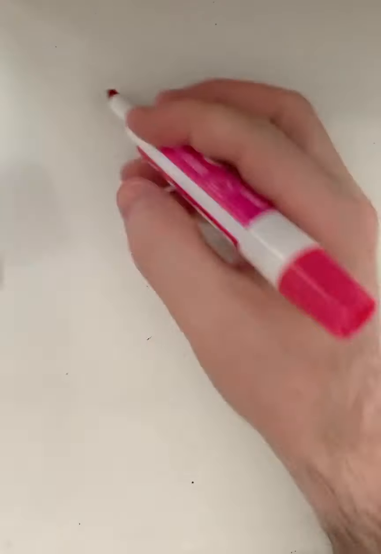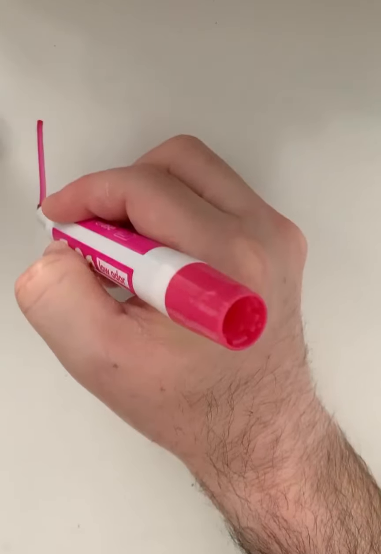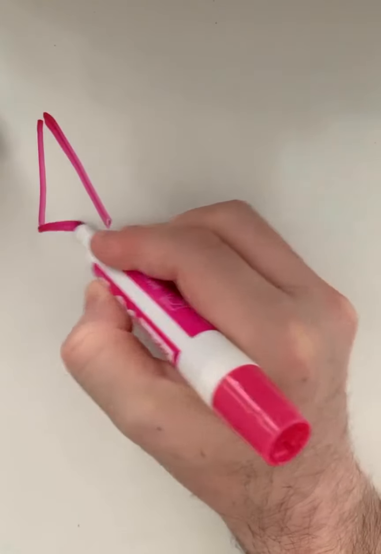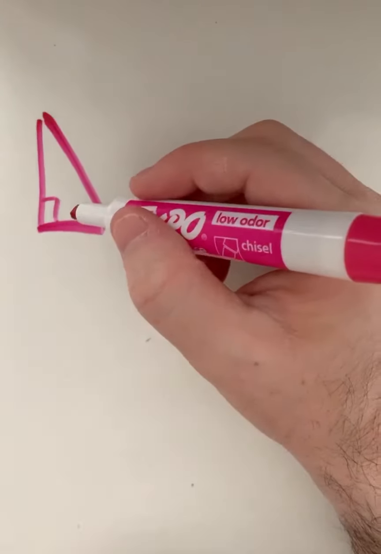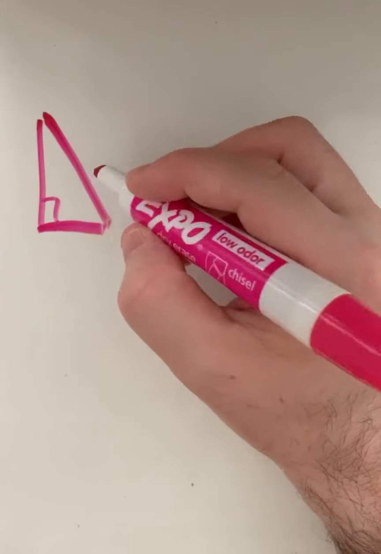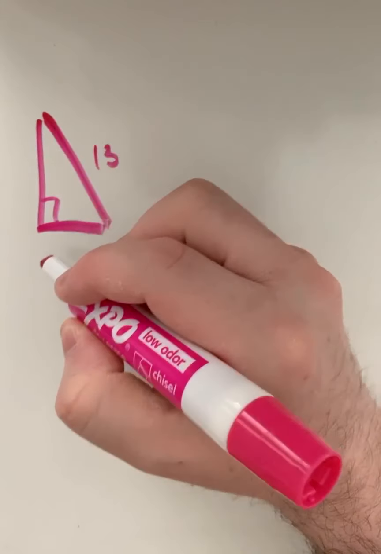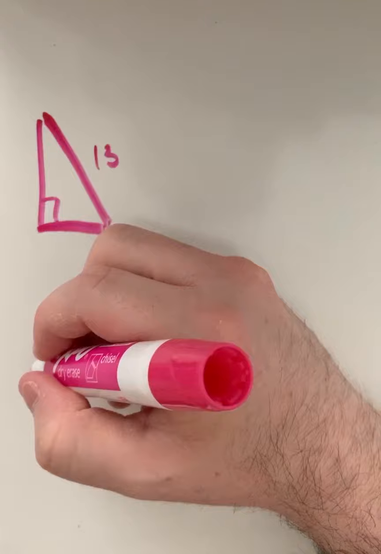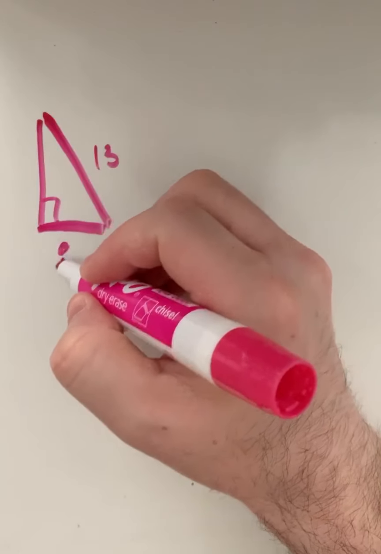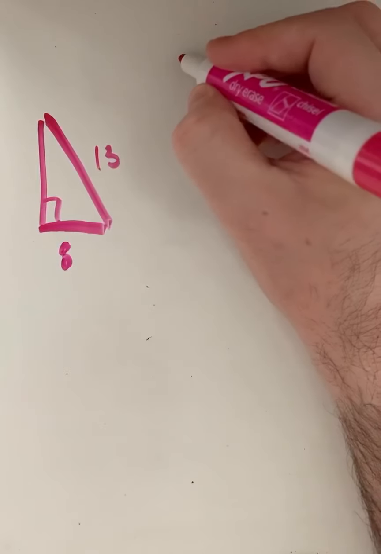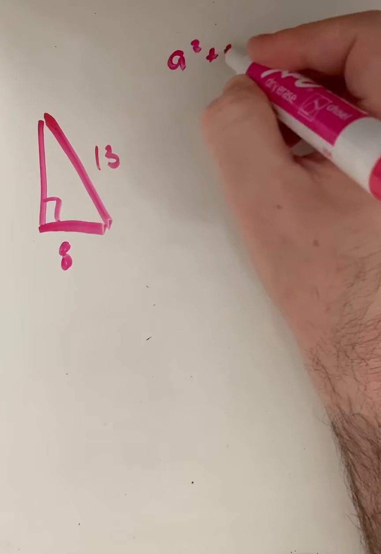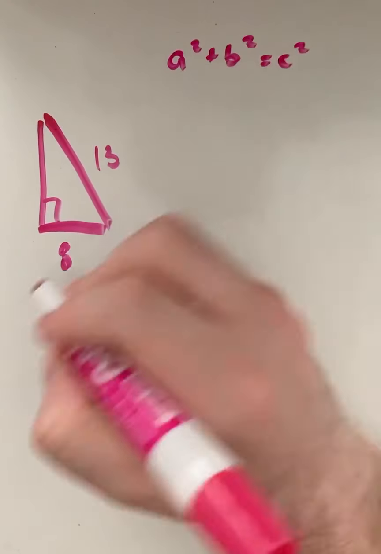William drew a right angle triangle. In this case, we have the hypotenuse. We're given the 13 length, and we're given a leg length of 8. So we're going to do our a squared plus b squared equals c squared.